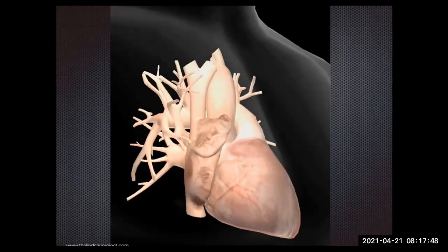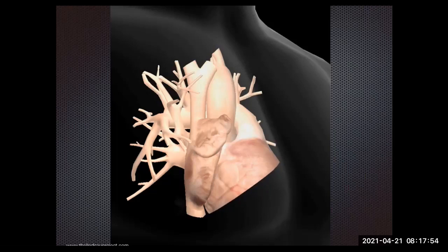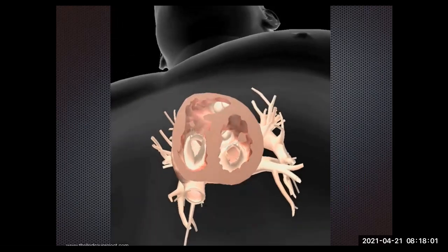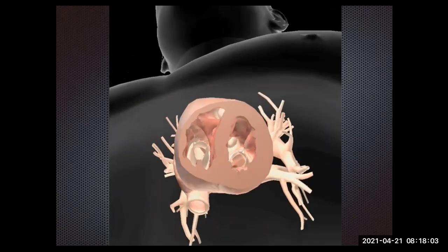So here we have the heart again, and what we're going to do is a cross section like so, and we're going to rotate that, and this is the view that we're expecting to see. As you can see, if you had it centered around the mitral valve, what you're going to want to do is scan it a little bit lower to try to catch the papillary muscles.